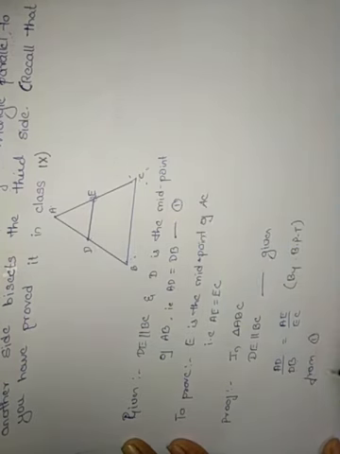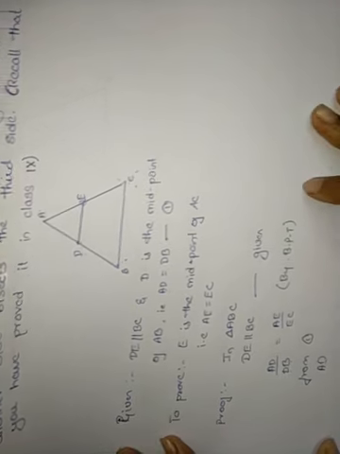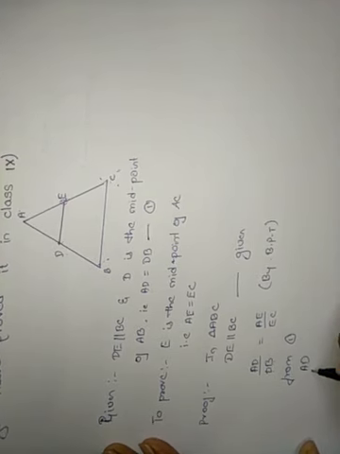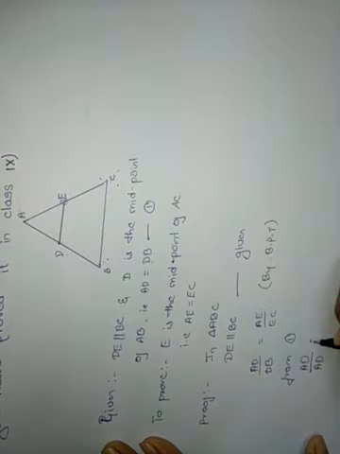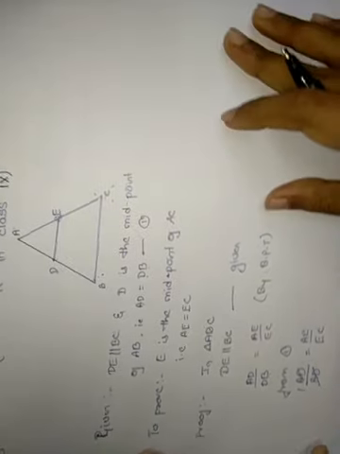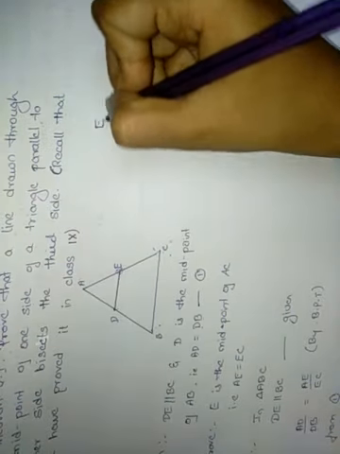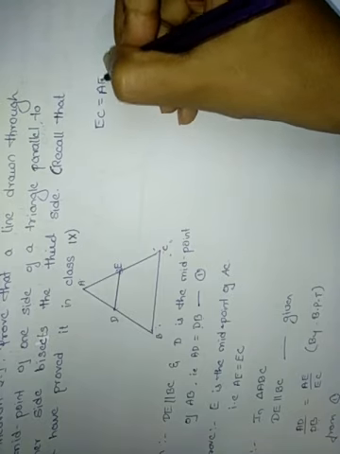From 1, AD divided by AD, because I am replacing DB by AD, is equal to AE divided by EC. AD cancels, 1 is there. I will bring this EC to the left-hand side. I will get EC is equal to AE.